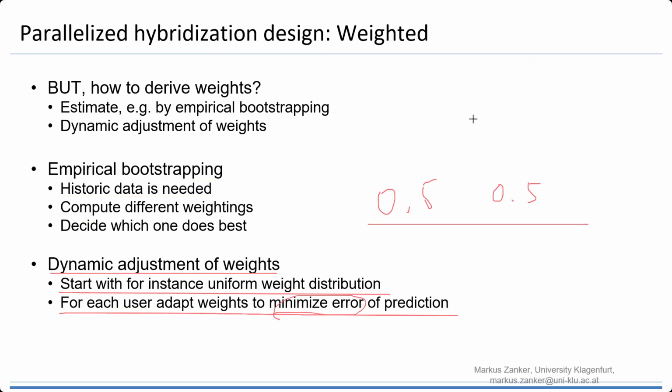For the error, we can use MSE, or RMSE, or MAE. And if the error is minimum, we can use those particular weights for the hybrid.